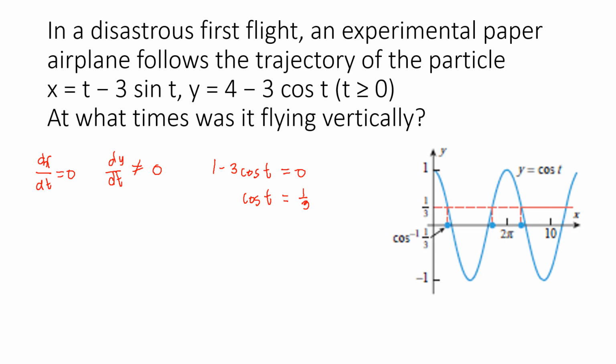Our t here would be the arc cosine of 1/3. Then we also have t equal to 2 pi minus arc cosine of 1/3.